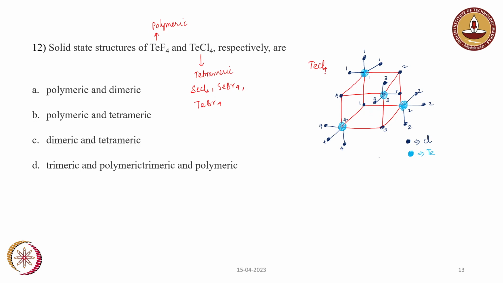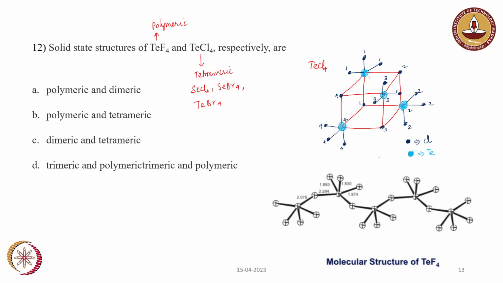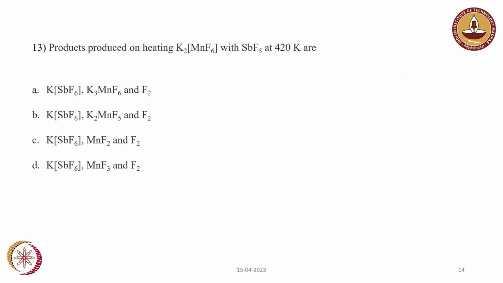So TeCl4 is tetrameric, and TeF4 is polymeric, and the structure is given like this. So the answer is option B. TeF4 is polymeric and TeCl4 is tetrameric.